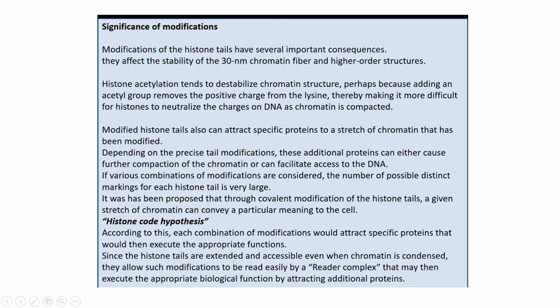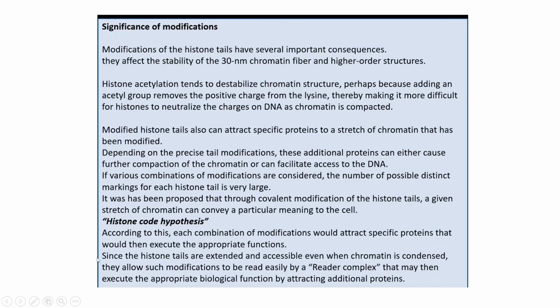Since the histone tails are extended and accessible even when chromatin is condensed, they allow such modifications to be read by reader complexes that may then execute the appropriate biological function by attracting additional proteins. The histone tail is generally an extended structure. It is not bound by the DNA.